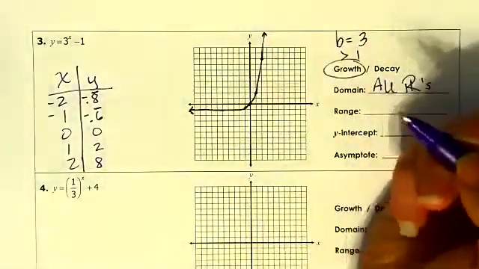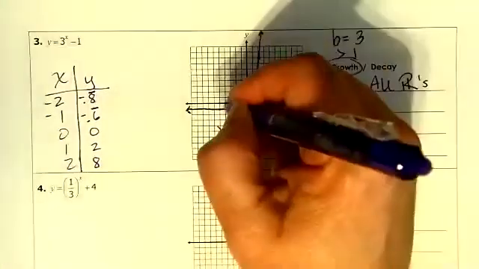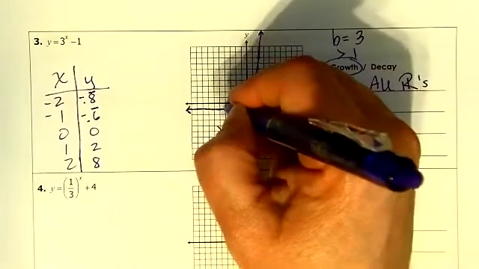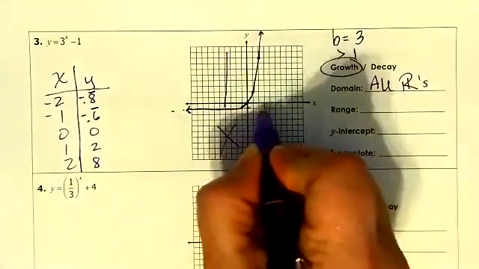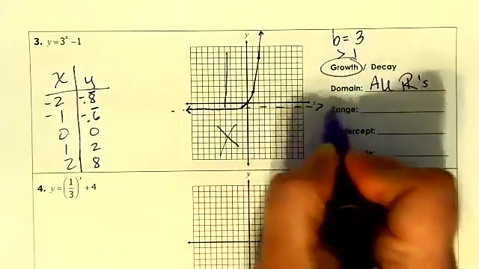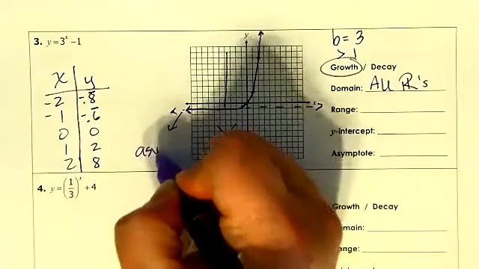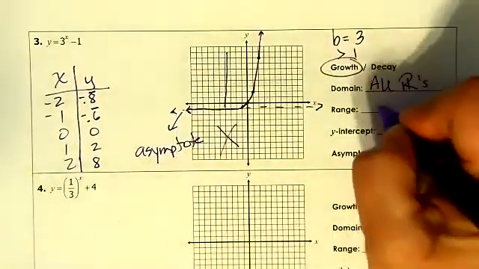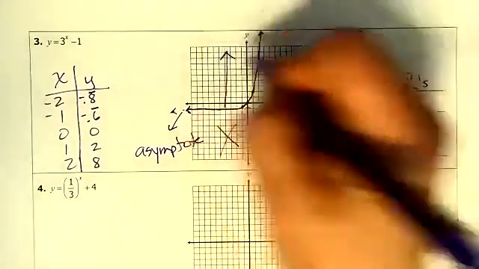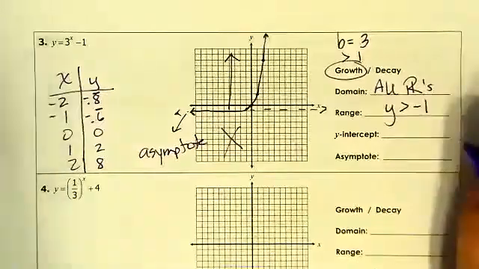So now I can see, okay, my range is actually going to be nothing down here, but everything that's above this line. This right here is the asymptote. That is the asymptote. Okay, so my range is going to be everything bigger than that. So that's going to be y is greater than -1.